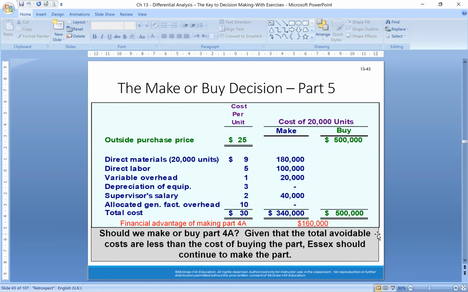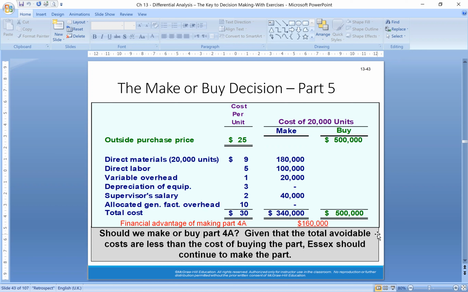Now, the final answer: should we make or buy? Given that the total avoidable costs, which is 340,000, are less than the cost of buying the part, which is 500,000, we do have an advantage for what? For making, not buying.